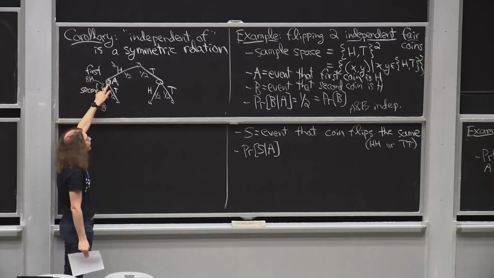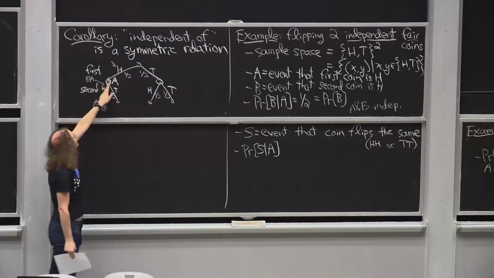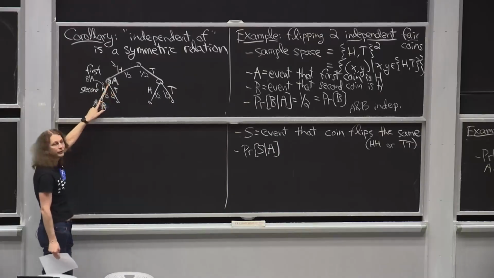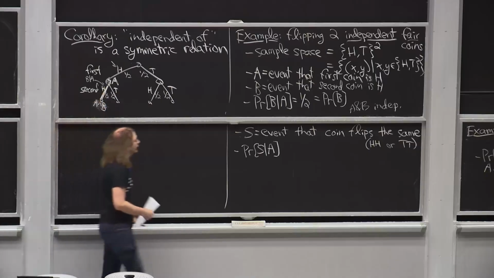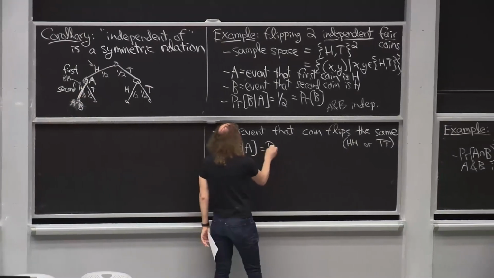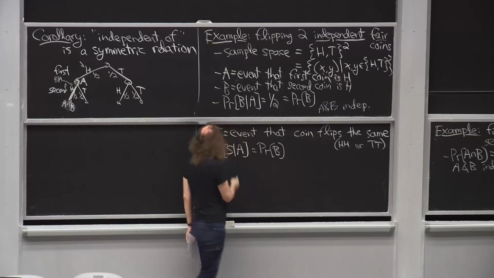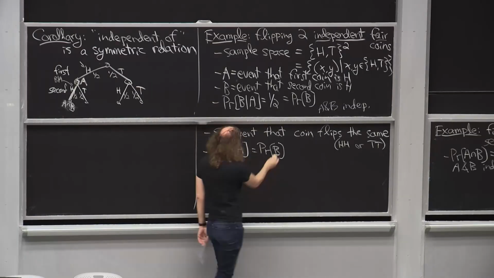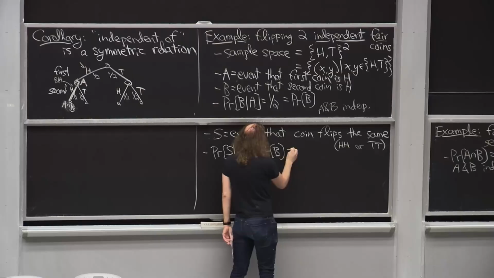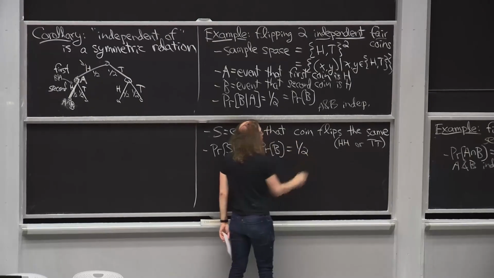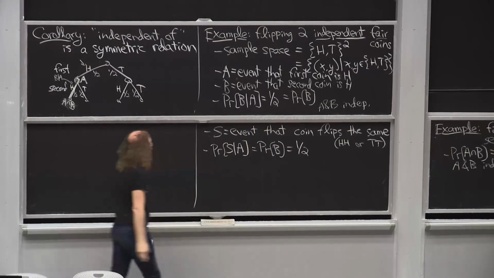And now I want to know the probability that the coins come out the same. Well, conditioned on A being heads, that's the same as the probability of the second coin being heads. Right? So this is just the probability of B, which is a half by assumption.